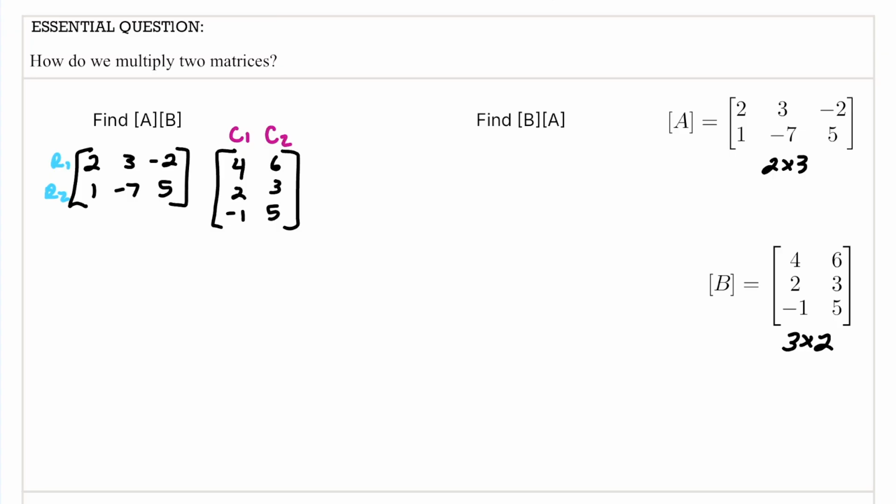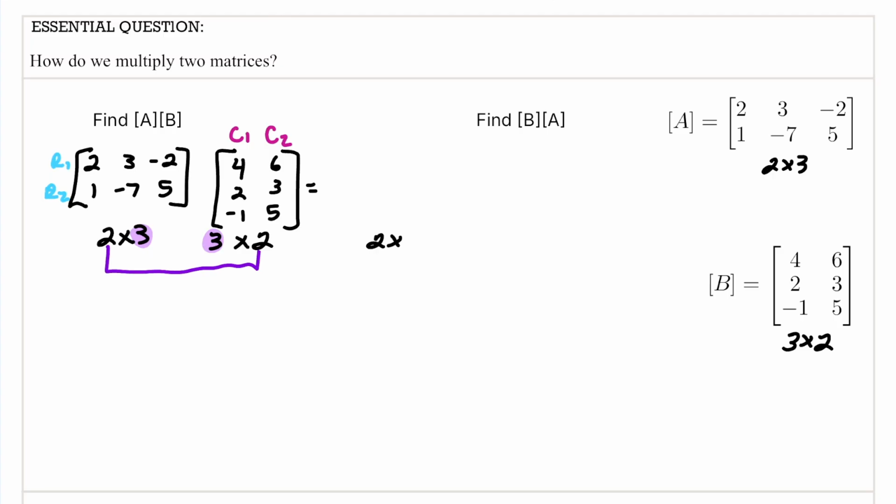So the way these work, remember you've got a 2 by 3 and a 3 by 2. These two middle numbers, the columns of matrix A and the rows of matrix B, have to be equal. And then the outside dimensions are what we will get as our resulting matrix.